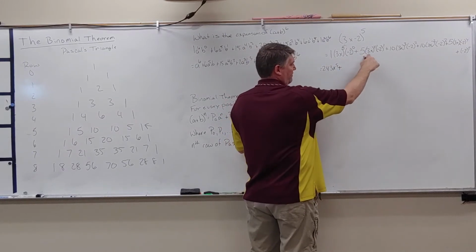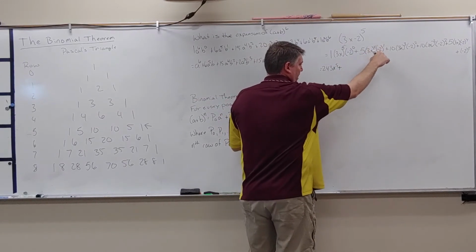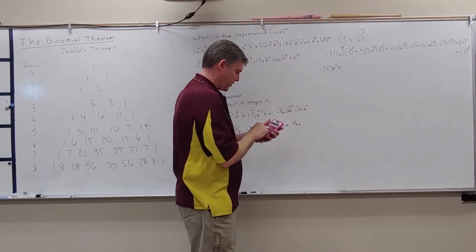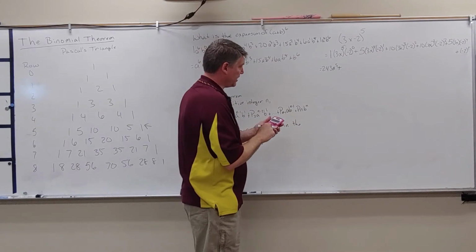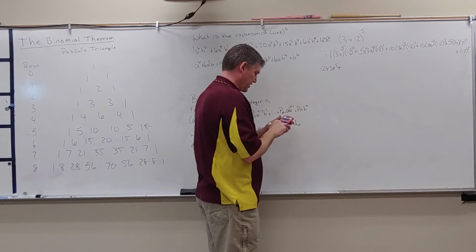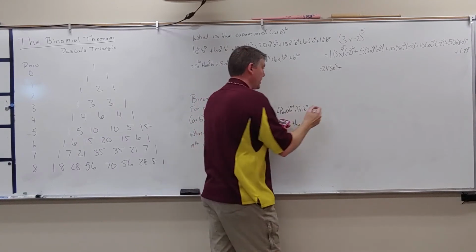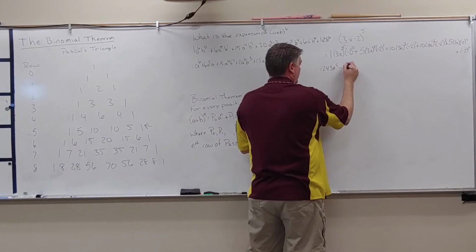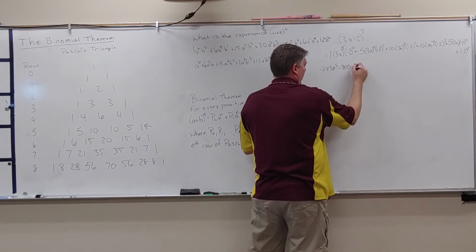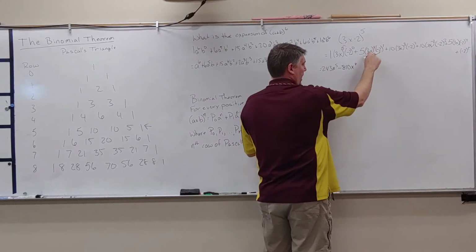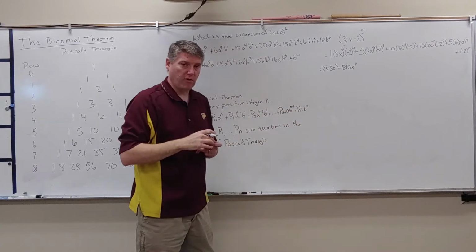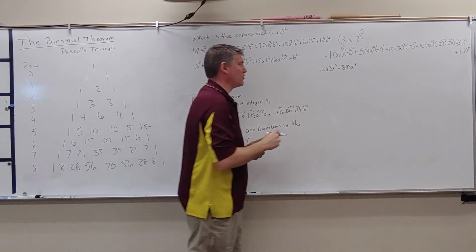Plus 5 times 3 to the fourth times negative 2. 3 to the fourth is 81 times 5 times negative 2 gives me negative 810x to the fourth. So I have to find the power first. 3 to the fourth times 5 times negative 2.